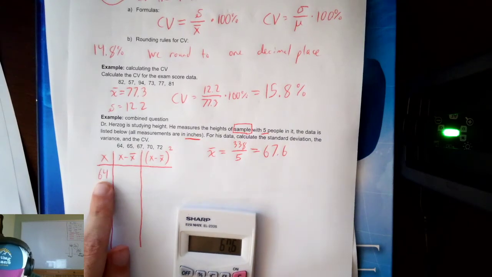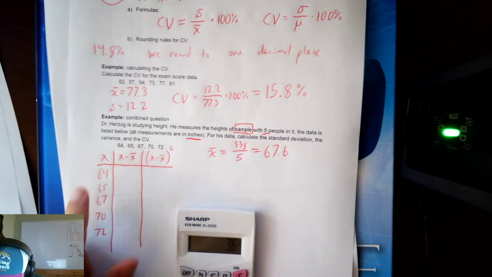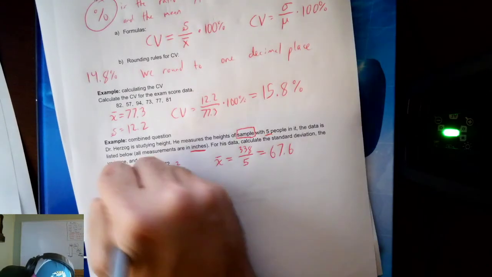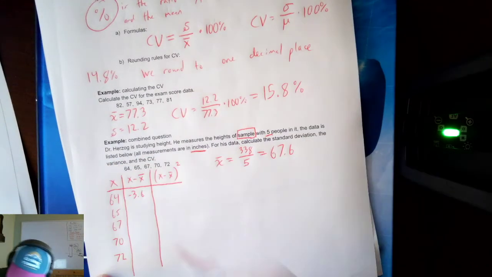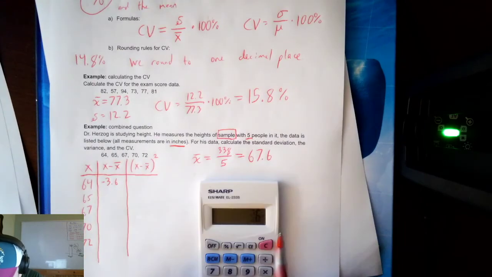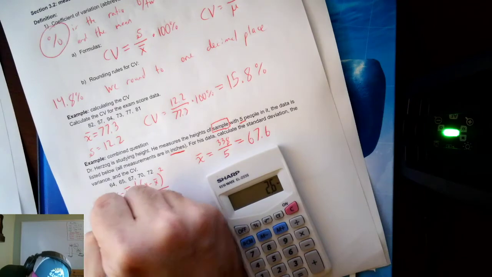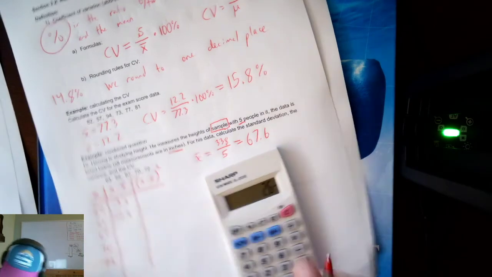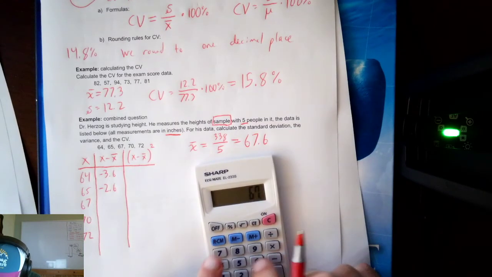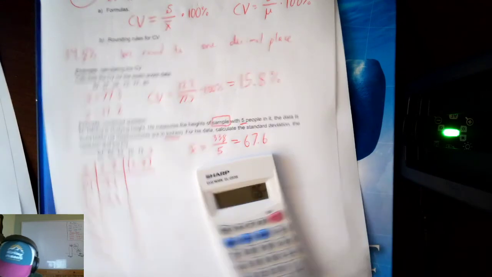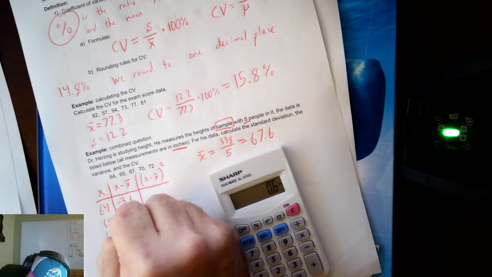I take x, which is 64, and subtract 67.6, which gives me negative 3.6. Next, I do 65 minus 67.6, which gives me negative 2.6. Next, I'll do 67 minus 67.6, which gives me negative 0.6.